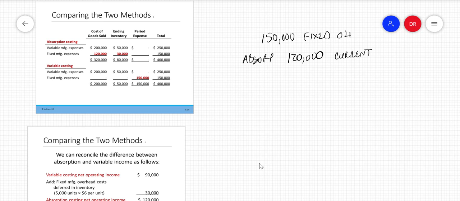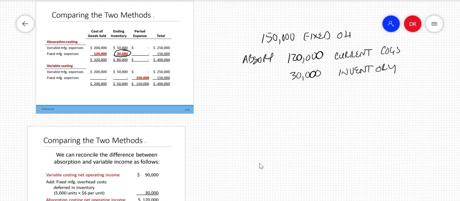That's an important point, because the 30,000 of this fixed overhead cost is going into ending inventory. It's not going into cost of goods sold. So when you say you have 150,000 fixed overhead, absorption charges 120,000 against current cost of goods sold. The balance of 30,000 is an asset in inventory, and you don't charge it against income. Okay? That's the big difference.